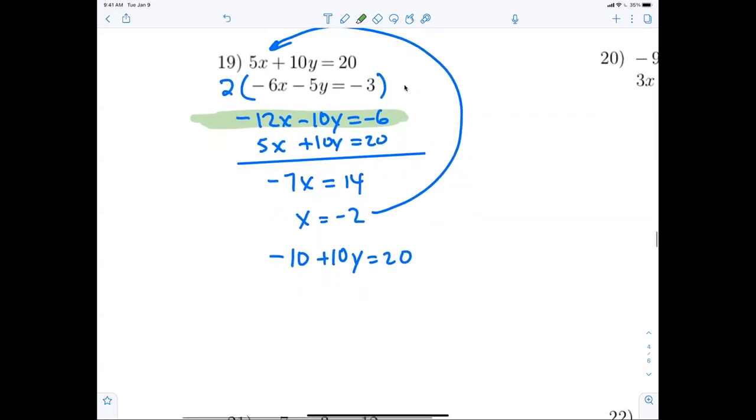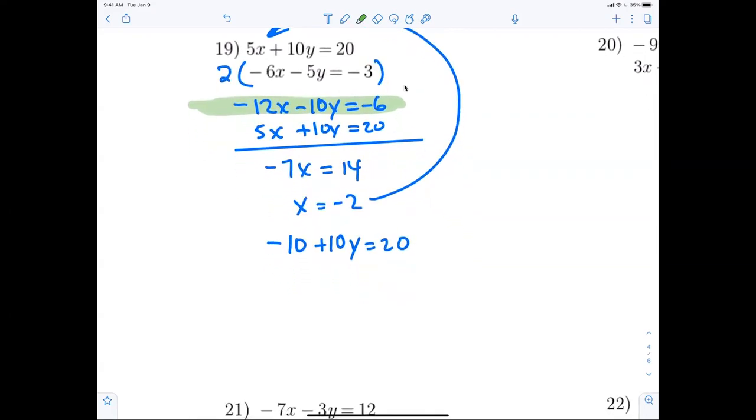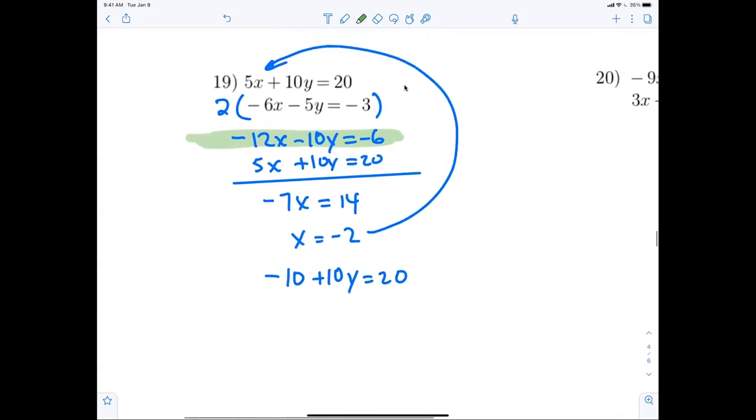So it's -10. Sorry, you let x be -2 because x is -2. So 5 times -2. You let x equal -2, we're substituting in.